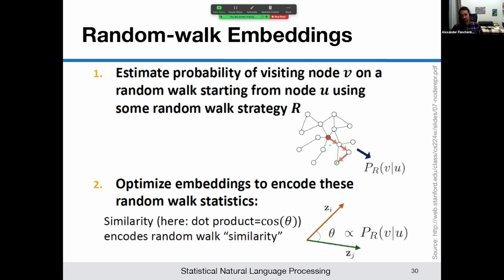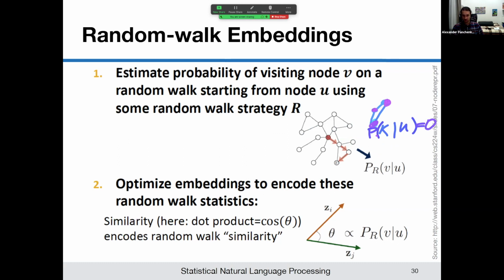And for other pairs of nodes, this probability should be small. Assume that you have some completely unconnected part of the graph. Then the probability of visiting node K, given node U, should be 0 in these embeddings, because there is simply no path from this part of the graph to another part.